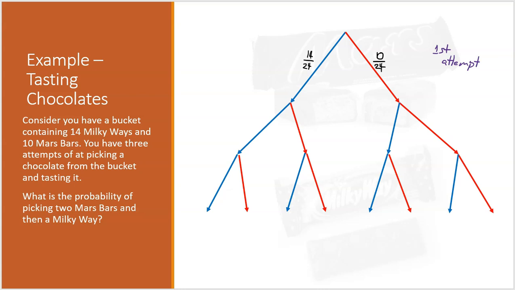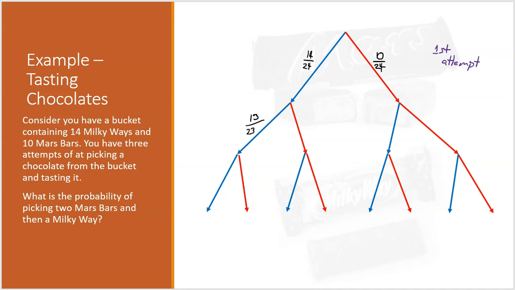Going down, picking a second Milky Way, notice that if you picked out a Milky Way on the first one, there's one less Milky Way in the bucket, which means that rather than 14 Milky Ways, you've only got 13. And rather than having 24 chocolates, you've only got 23.